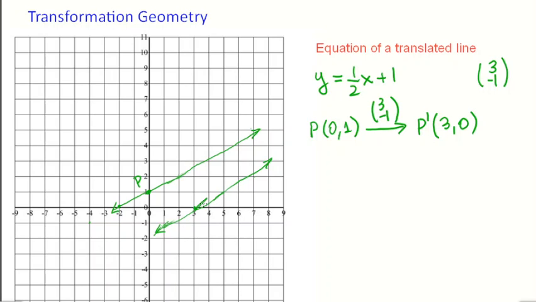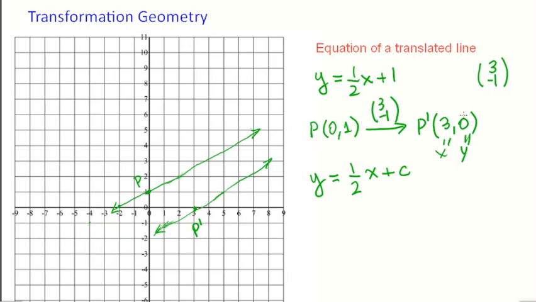Now, how can I find the equation of this new line? This should be a point of my line here, right? Well, I know that my new line should have the same gradient, but a different y-intercept, which I don't know yet. Since this point is part of my line, I should be able to replace x and y in my function and find c.